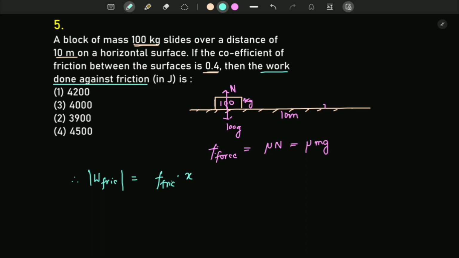So I can write mu mg x. Substituting the values, mu is 0.4, mass is 100 kg, g is 10 and x is 10 meter. So this turns out to be 4000 joules. So 4000 joules is the correct answer to this question.